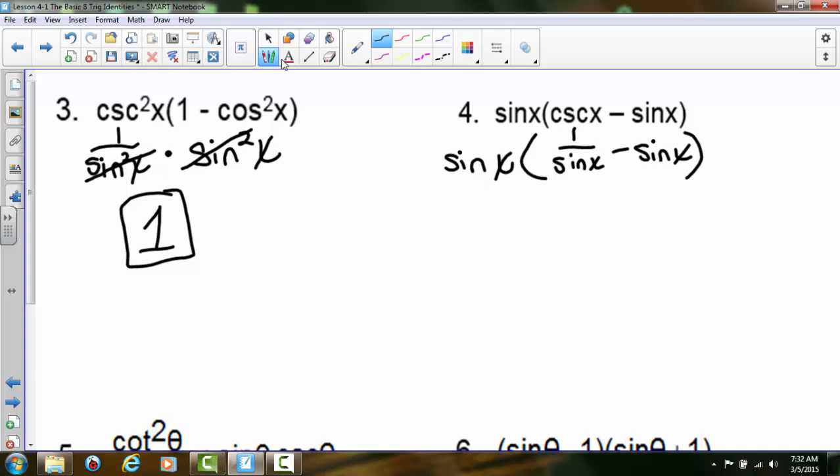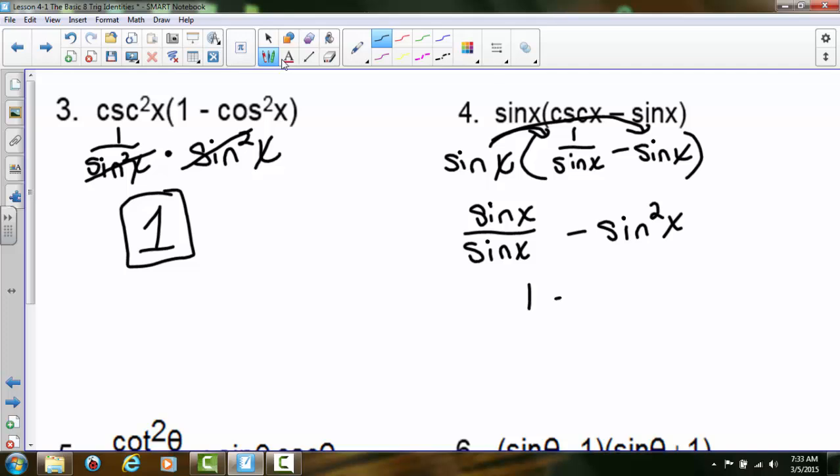Well, if I got rid of the parentheses by distribution, that might help. So let's try that. I get sine x over sine x, and then minus sine x times sine x is sine squared x, which is sine divided by sine would be 1. Oh, and that's one of those identities I wrote on the other page, right? 1 minus sine squared x is cosine squared x. Cool beans, got my 1. All right, so I'm done.